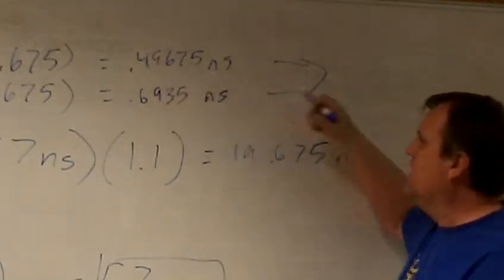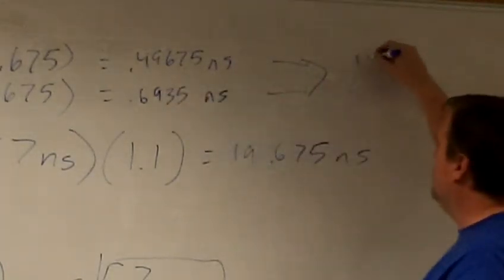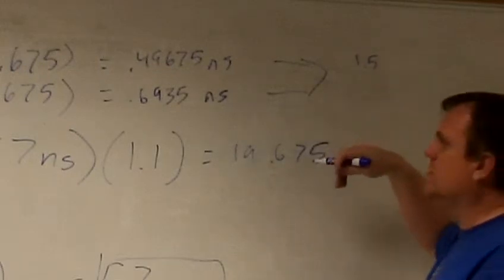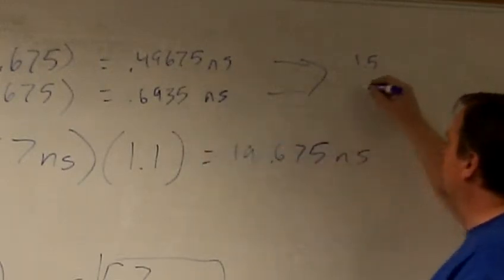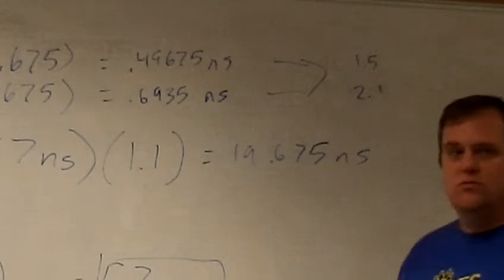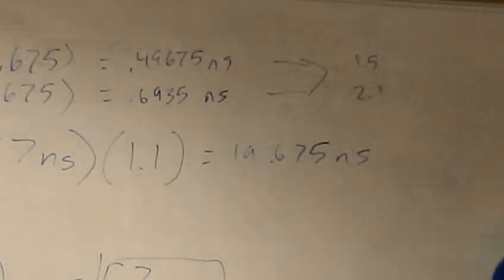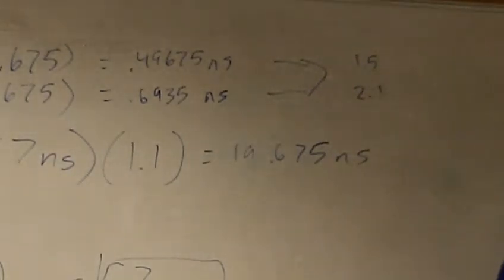So I get 3 times this, which will be just a little bit less than 1.5. And 3 times this will be a little bit less than 2.1. Fair enough? So now I'm just kind of rounding at this point, but it's good enough for the sake of argument.